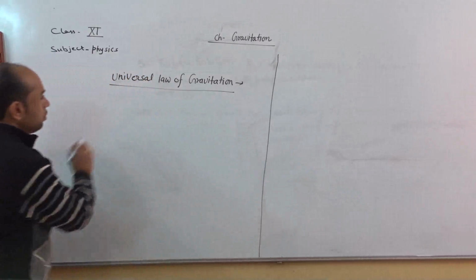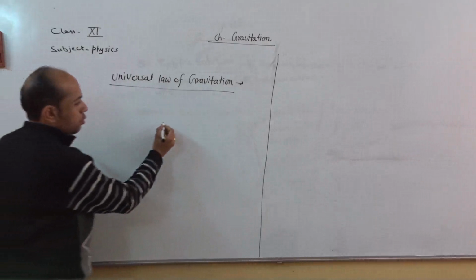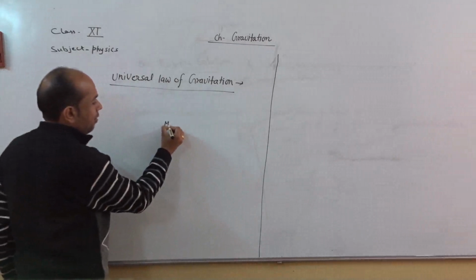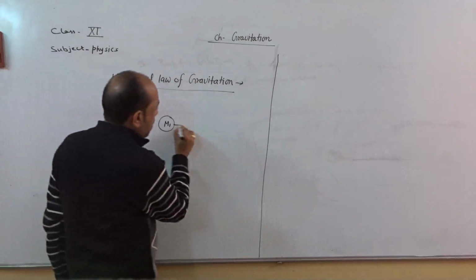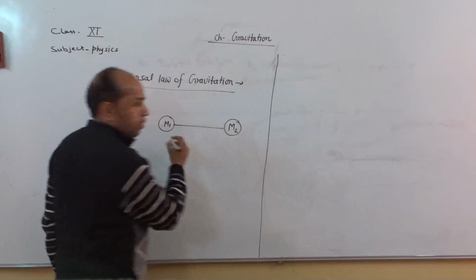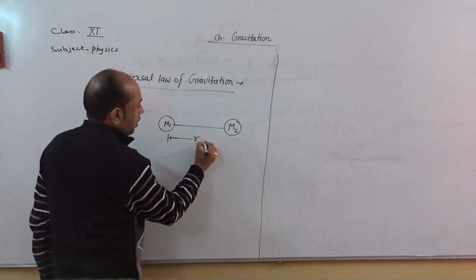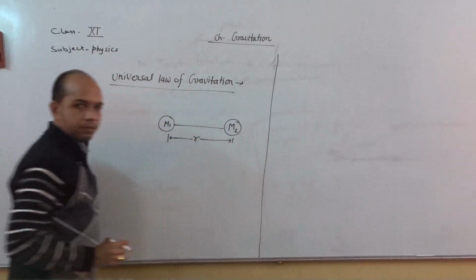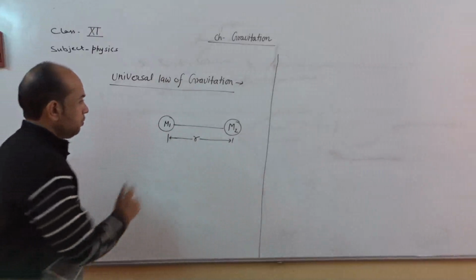Okay, so the universal law of gravitation states that whenever two objects, for example m1, the mass of the first object, and m2, the mass of the second object, are placed at a separation distance r, one force of attraction acts between the two objects.